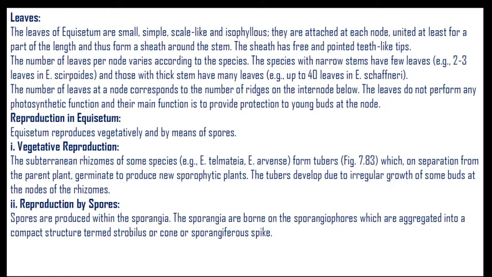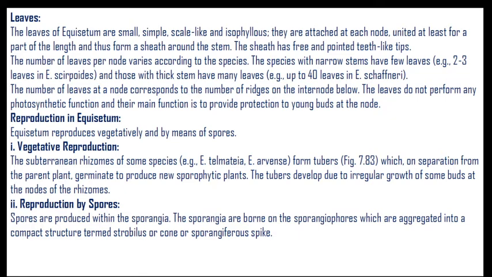So rhizomes and tubers are those plant parts which are helpful for vegetative reproduction, which on separation from the parent plant, germinate into the new sporophytic plant body. The tubers develop due to the irregular growth of some buds at the nodes of the rhizome.